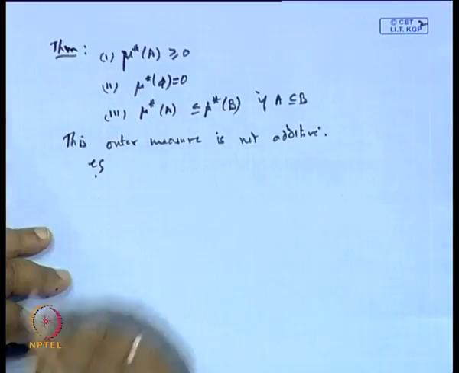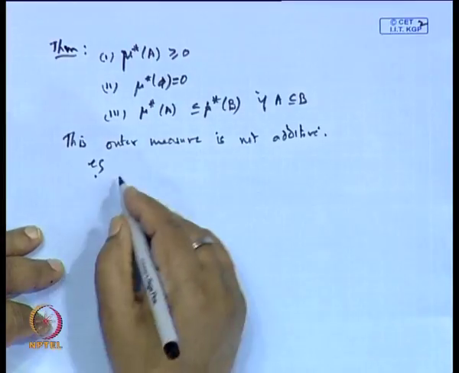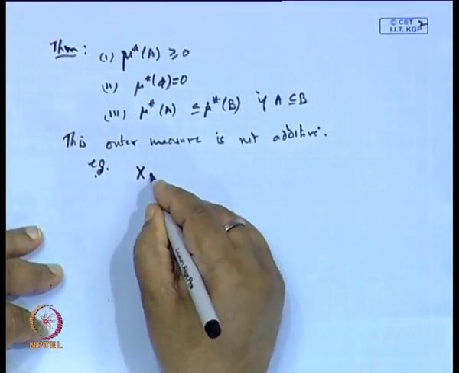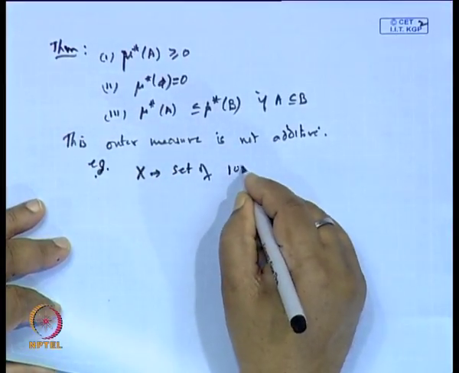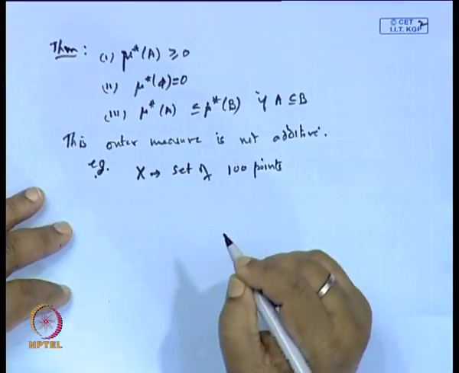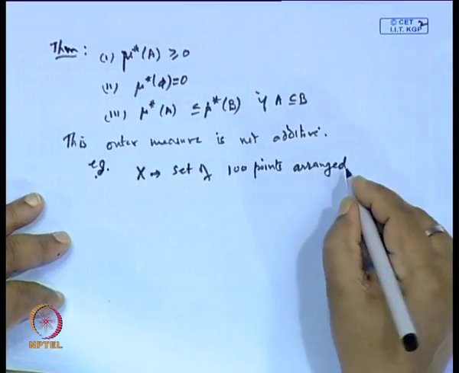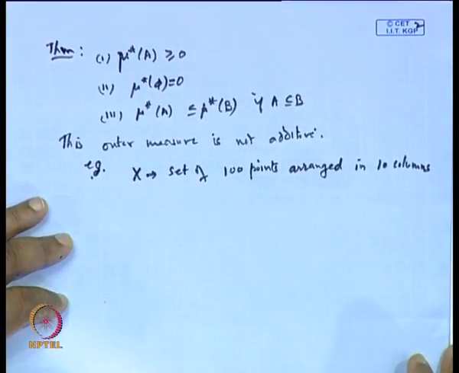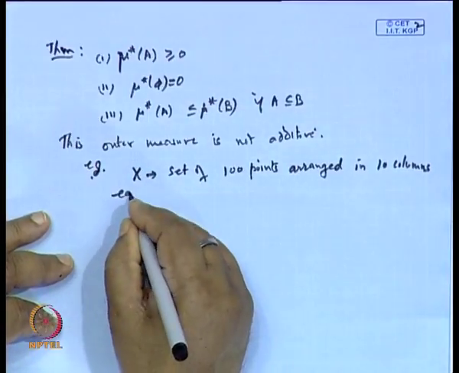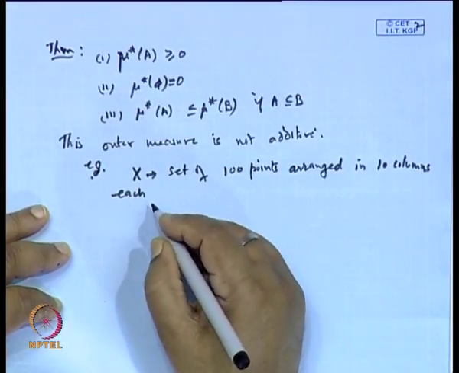For example, if we take the set X as the set of 100 points arranged in 10 columns, such that each column has 10 points.